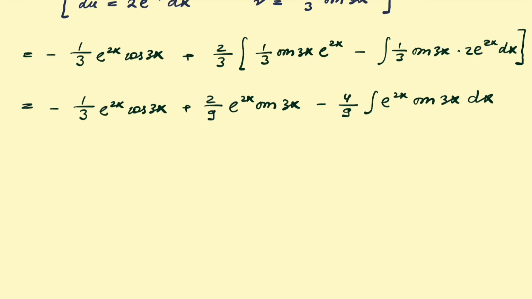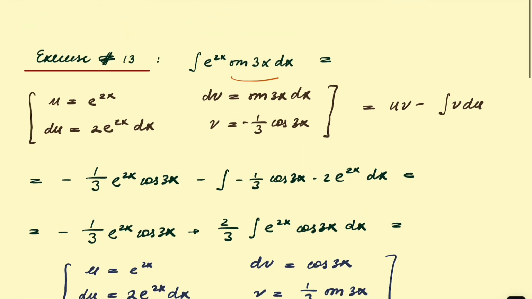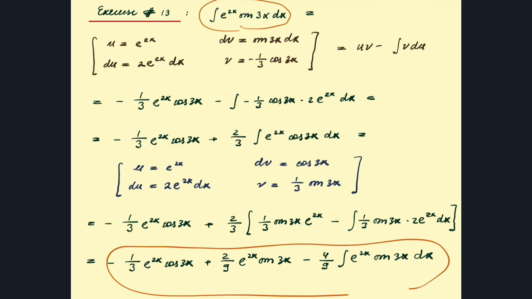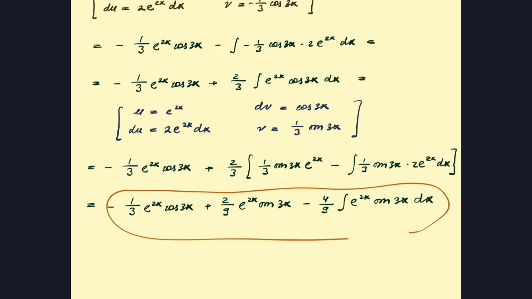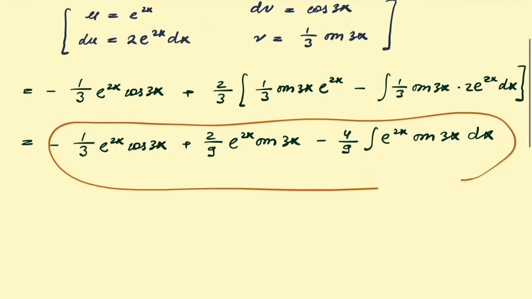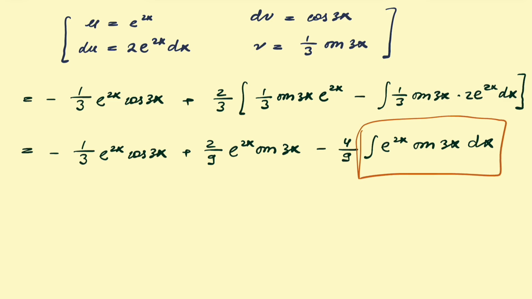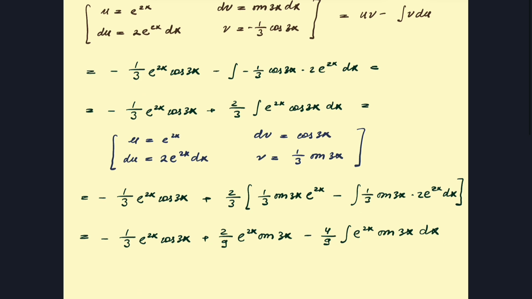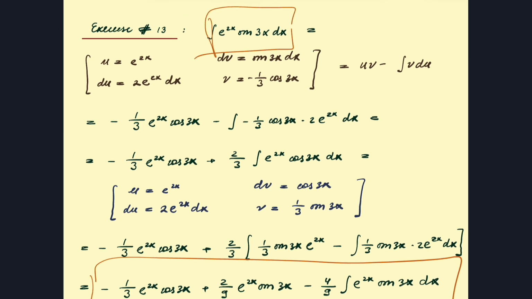Great. Now remember that this whole expression here is equal to the integral of e to the 2x times sine of 3x dx. Now, for the sake of convenience, let's note that this integral is exactly what we were searching for, and the whole expression here is equal to this, right?